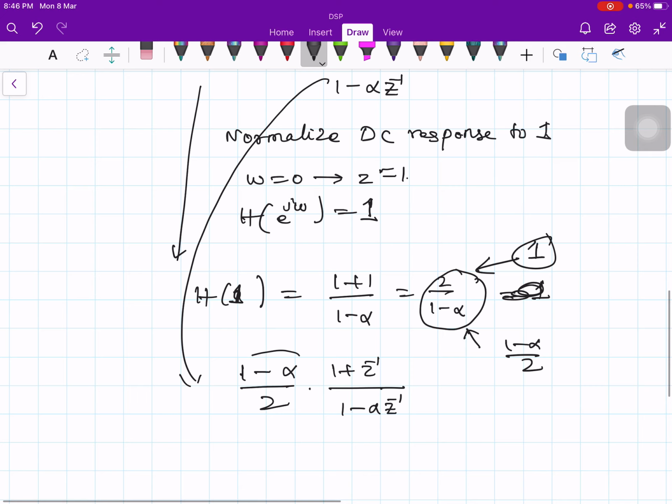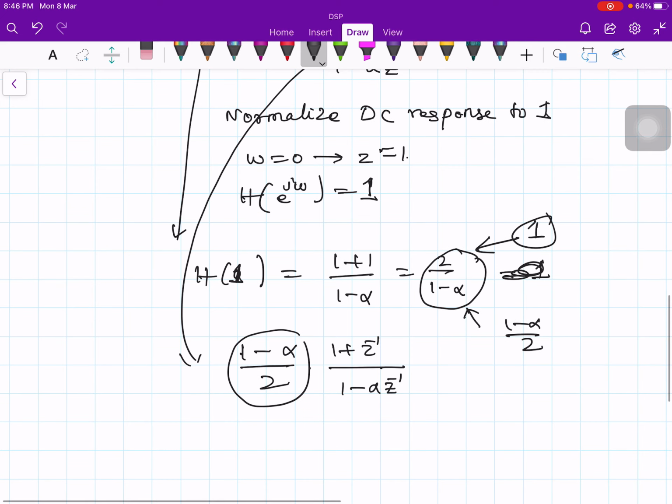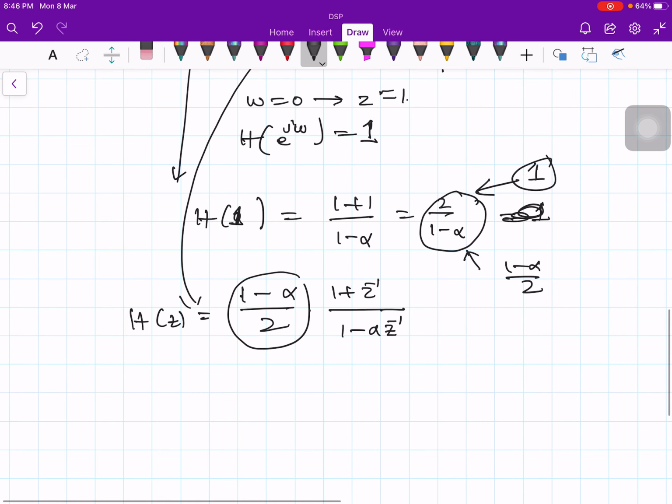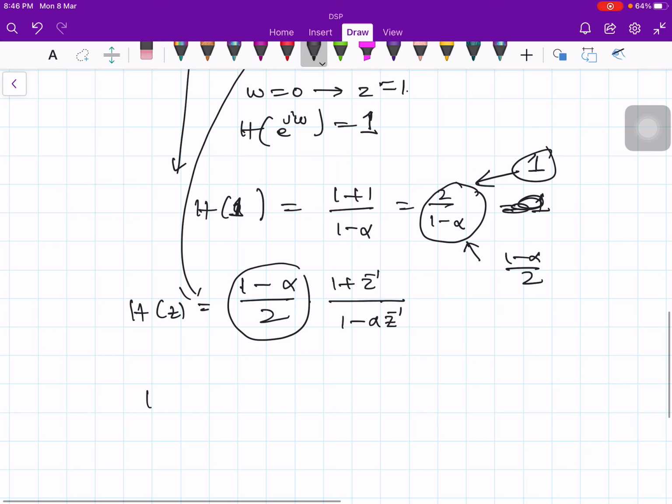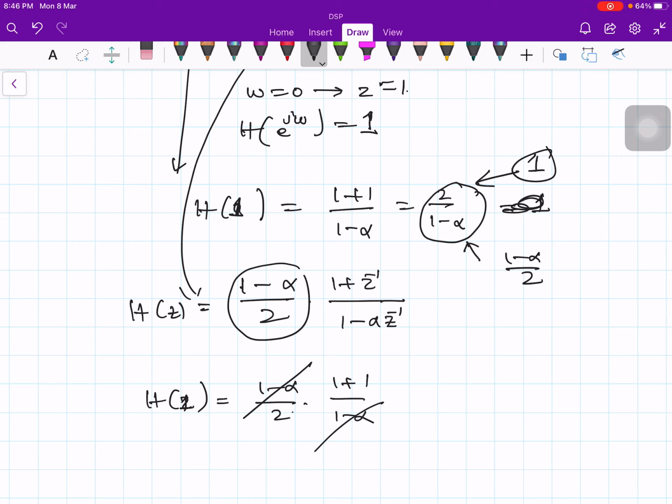So this is your normalization factor. This is my H of z now. If we substitute z equal to 1, H of 1 is equal to (1 minus alpha) by 2 times (1 plus 1) divided by (1 minus alpha). The 1 minus alpha gets cancelled, and the 2 and that 2 get cancelled, giving 1. Therefore z equal to 1 means DC, so the DC response is normalized to 1 now.